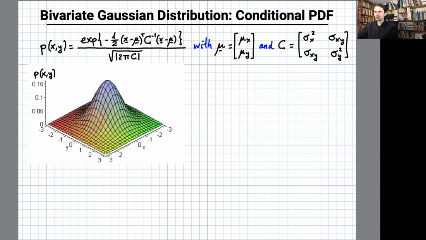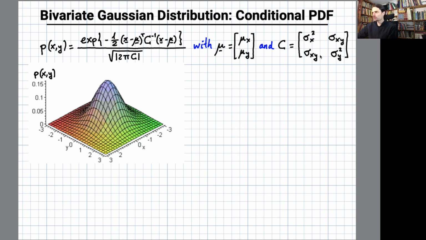So let us look at the bivariate Gaussian distribution. We have two random variables that are jointly Gaussian. Its PDF is given by this expression, as we know, where the mean is a 2 by 1 vector, and C is the covariance, which is 2 by 2.